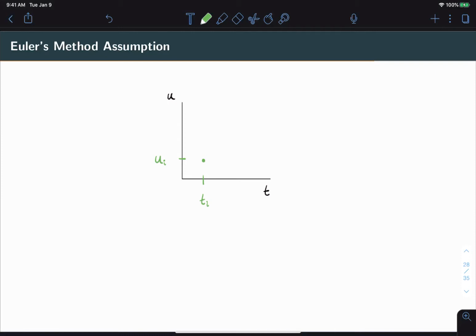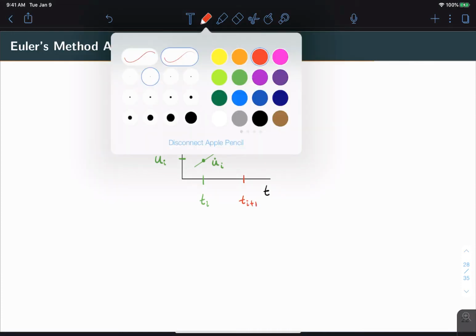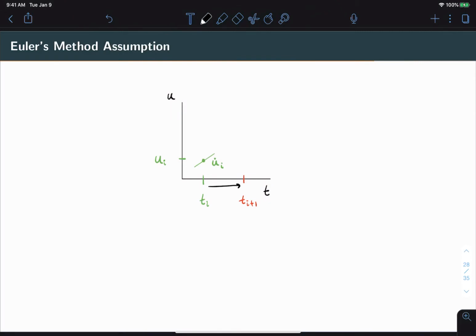We'll also assume that we know the velocity of the system at that particular point. And we'd like to find the displacement at some time ti plus 1 after we've stepped over this time interval, delta t.